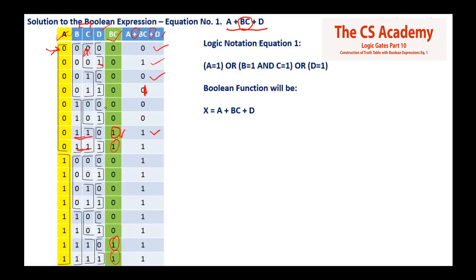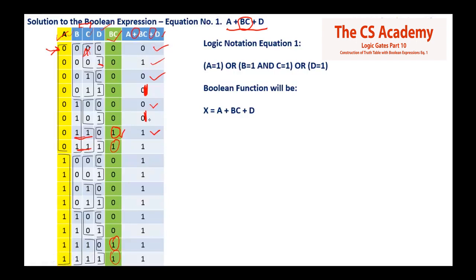Okay, so you can see that continue with this. Again D is 0 and this column is 0, right? And there in A there is 0, right? So this is okay. This is 1. Again I just correct this value. This is 1. Okay, this is 1. So now this is 0. This is again 1, because in D this is again 1, because we are ORing D plus BC plus A, right?